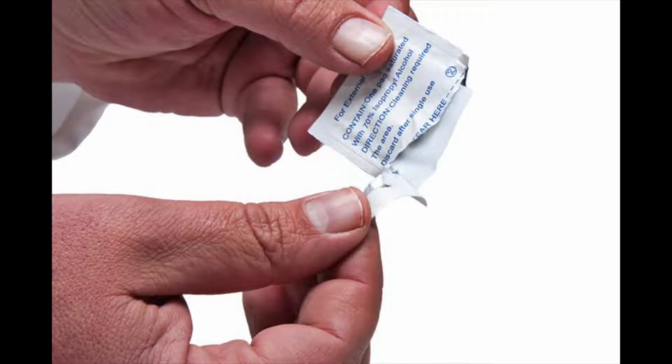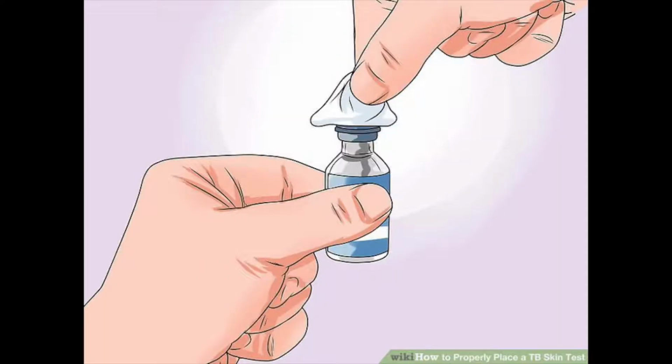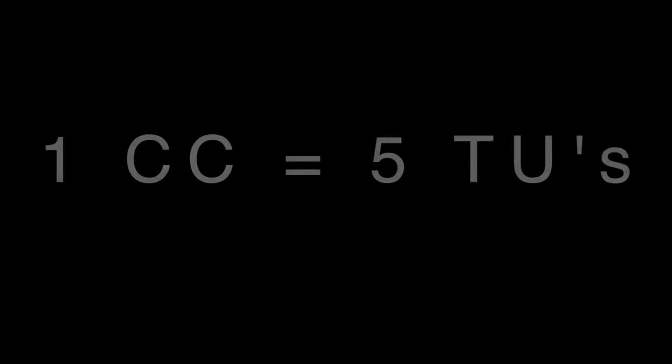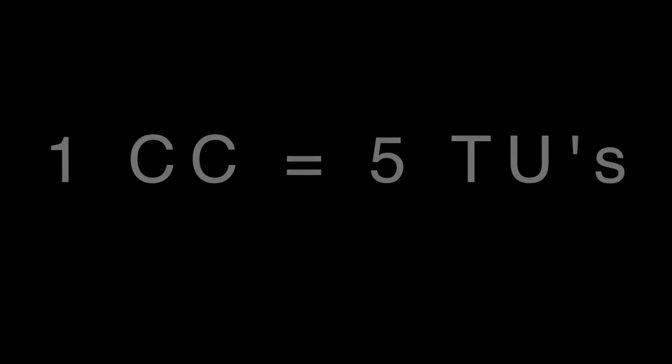I've opened an alcohol wipe to clean the med bottle. I've assembled the needle and the syringe. After cleaning the med bottle stopper, I am withdrawing 0.1 cc of air into the needle to inject into the med bottle. I am now withdrawing 1 cc of Tubersol, which is equal to 5 TUs.